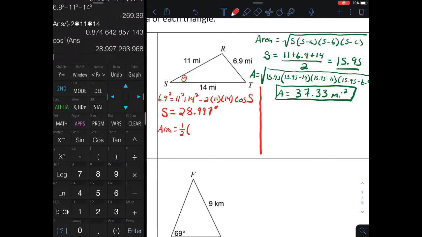So now that I know what angle S is, I could find my area by saying the area of that triangle is going to be approximately 1/2 times 11 times 14 times sine of 28.997.